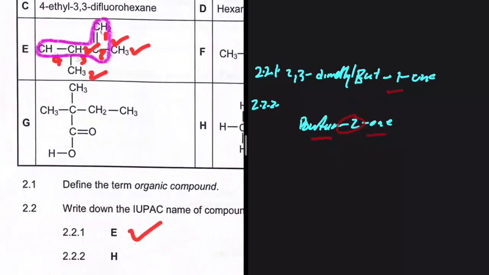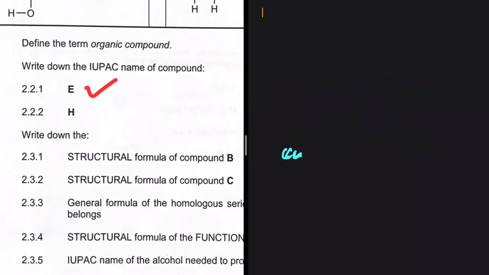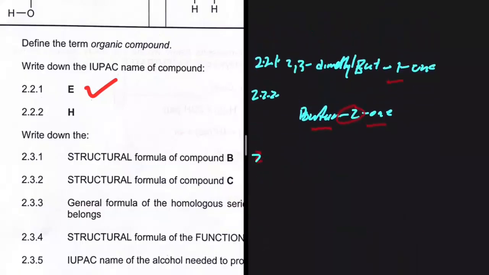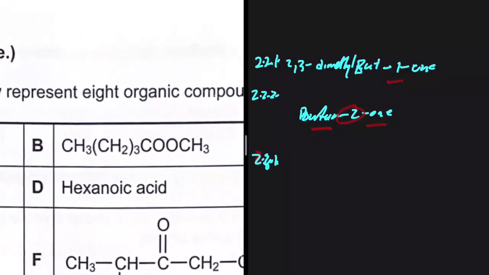Okay, right. 2.3, we are looking for the structural formula of compound B. So let's go ahead and take a look at compound B. That is 2.3.1. So compound B, a carbon with 3 hydrogens, followed by 3 carbons with 2 hydrogens each.